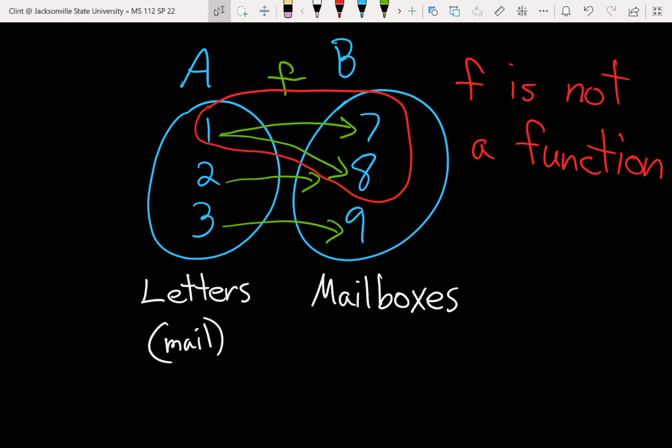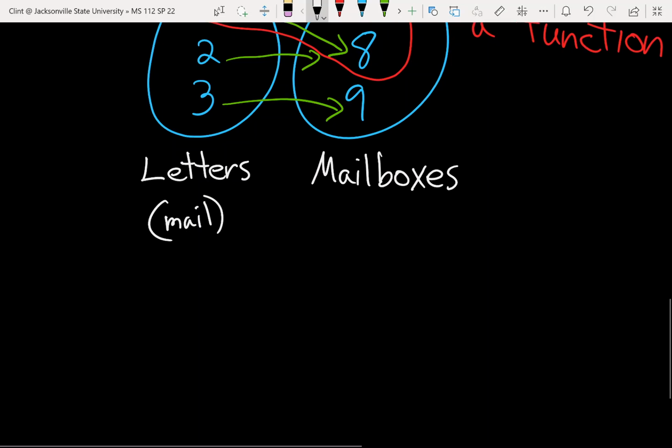All right, so that's a function. Most of the ones we're going to deal with are dealing with numbers, so we're going to have some rule that takes one number and sends it to another number. One way we can express those rules is in words.